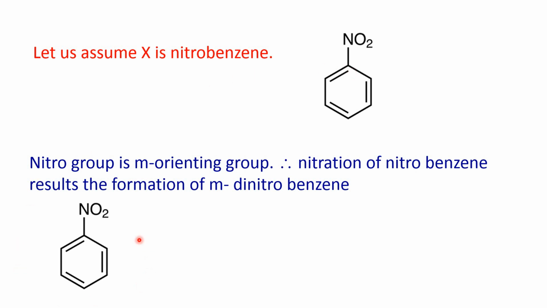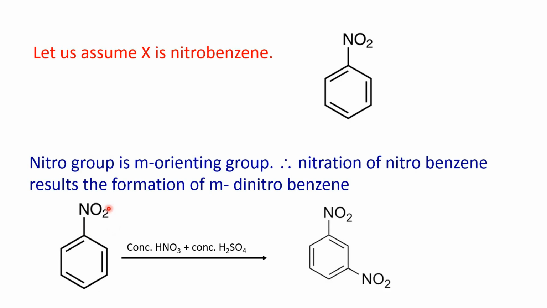So, when nitrobenzene is treated with this mixed acid, that is the mixture of concentrated nitric acid and concentrated sulfuric acid, this is the nitrating agent, then another nitro group will be introduced to the benzene ring and it will go to the meta position with respect to this existing nitro group. So, the compound is meta-dinitrobenzene. This is our compound Y according to the riddle.